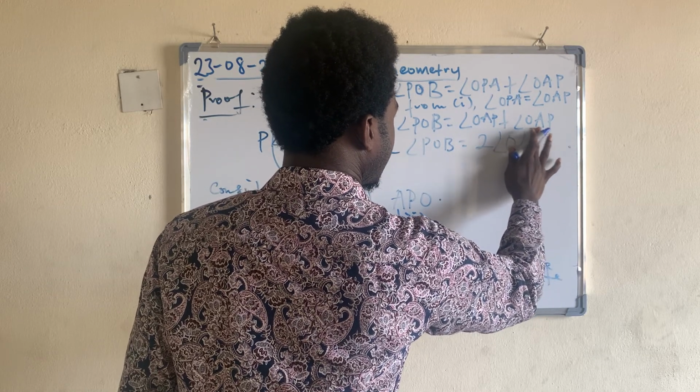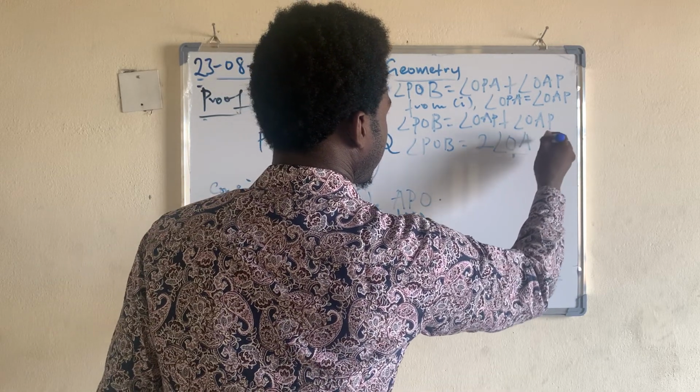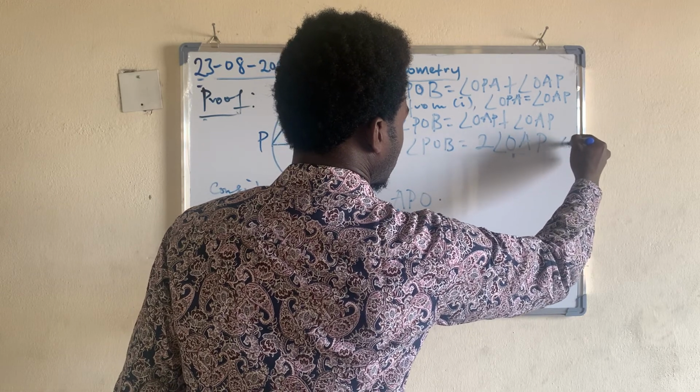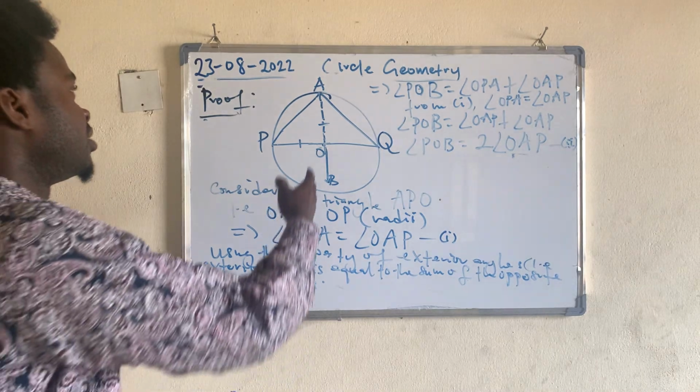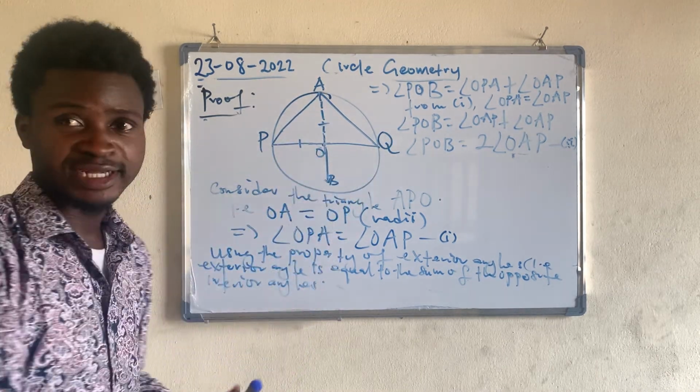Sorry, OAP. Let this be equation 2. Very good. We've been able to use this triangle to show that.